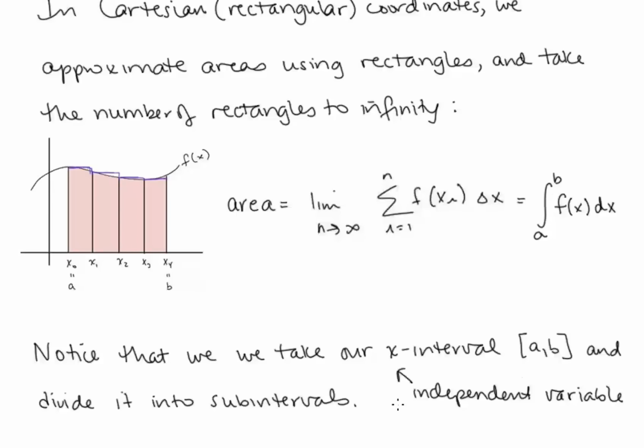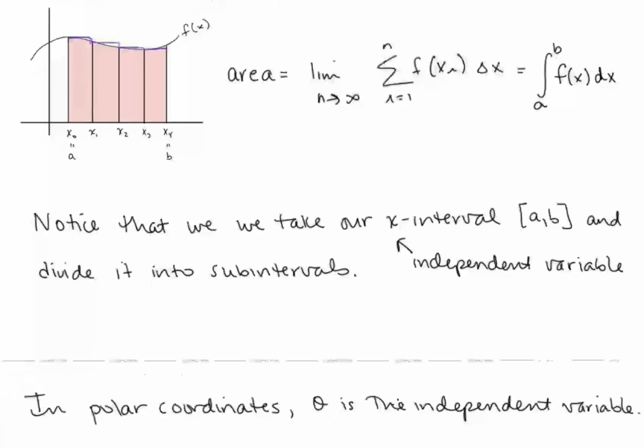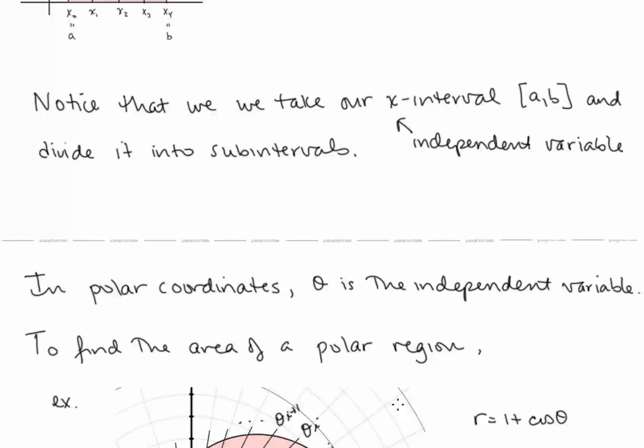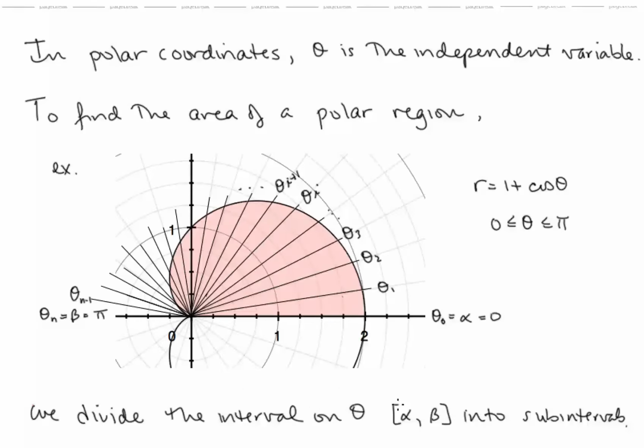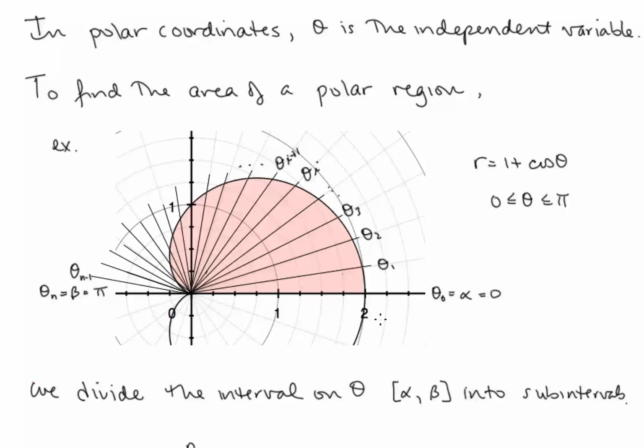In polar coordinates, our independent variable is theta. And so we are going to subdivide the interval on theta and make approximations to start. If this shaded area is the area we're looking to find, which in this case happens to be the area bounded by r equals 1 plus cosine theta as theta goes from 0 to pi, we divide the interval on theta into subintervals.